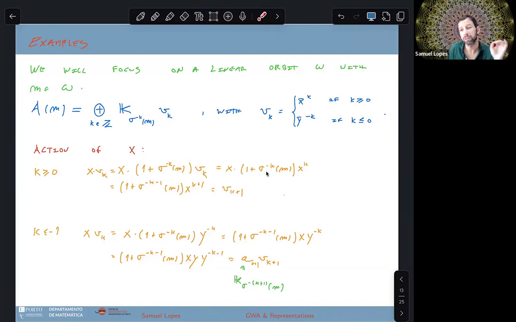But this A, which is an element of R, I need to interpret it here in this field, which has changed. Before, I was working in the field associated to minus k, and now I'm working in the field associated with minus k minus 1. So I'm using this notation to signal that. It's the element A, which is an element of R, but I need to look at it modulo sigma to the minus k minus 1 of m.